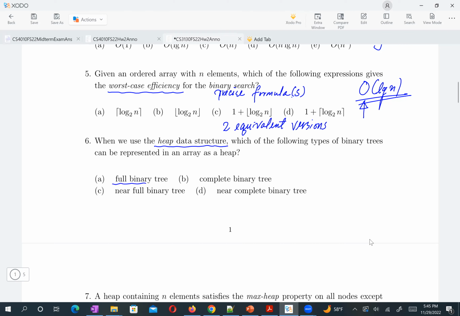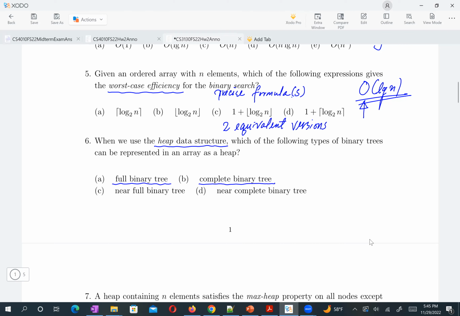One is the full binary tree, another is complete binary tree. Complete binary tree, so we know the structure, right? But for the full binary tree, many of you may not know it, because I didn't talk about this concept in our class. So here, let me give you the concept.